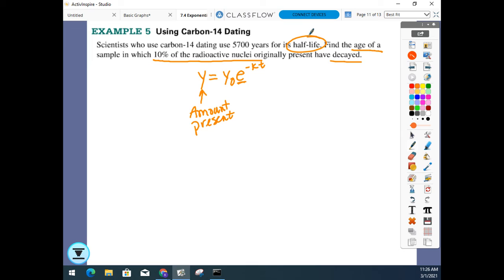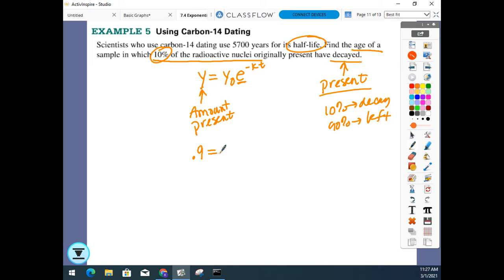First of all, if we want to have 10% decayed, what's the percent that is present? If there's 10% decay, that means there's 90% left. So we want to think about that. Because this is our final amount, the amount that's left, I'm going to put 0.9 on this side because that's how much will be present when we get done.